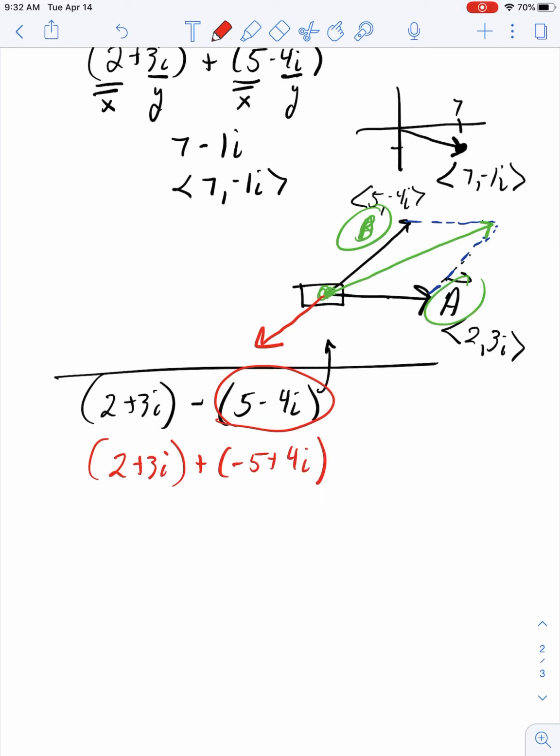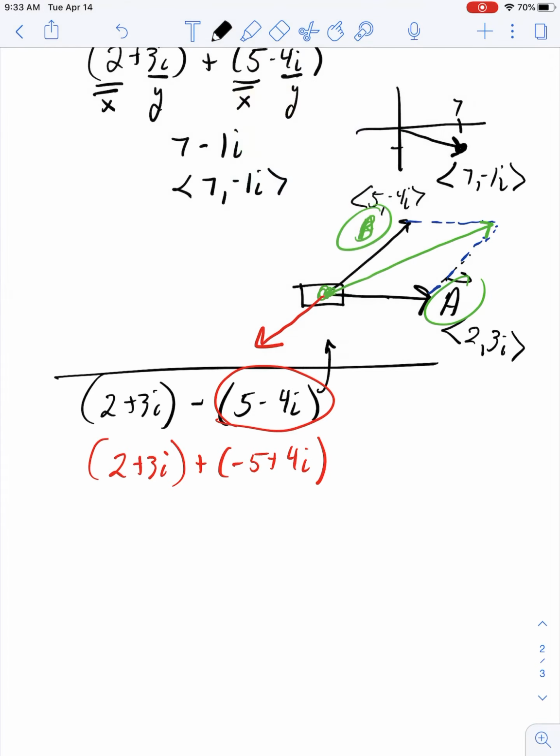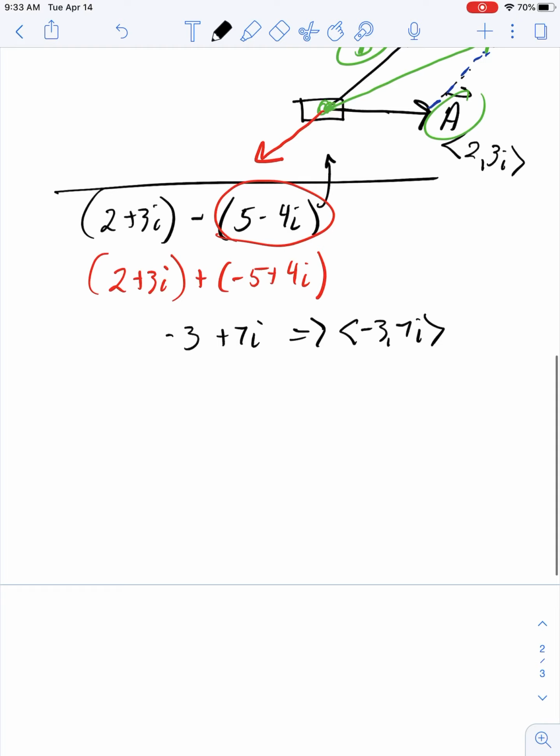It reverses it by 180 degrees. So now you change it, go back and now add it. You have -3 plus 7i. Again, remember this can apply to -3, 7i by graphing. So quick review on complex numbers, that part.